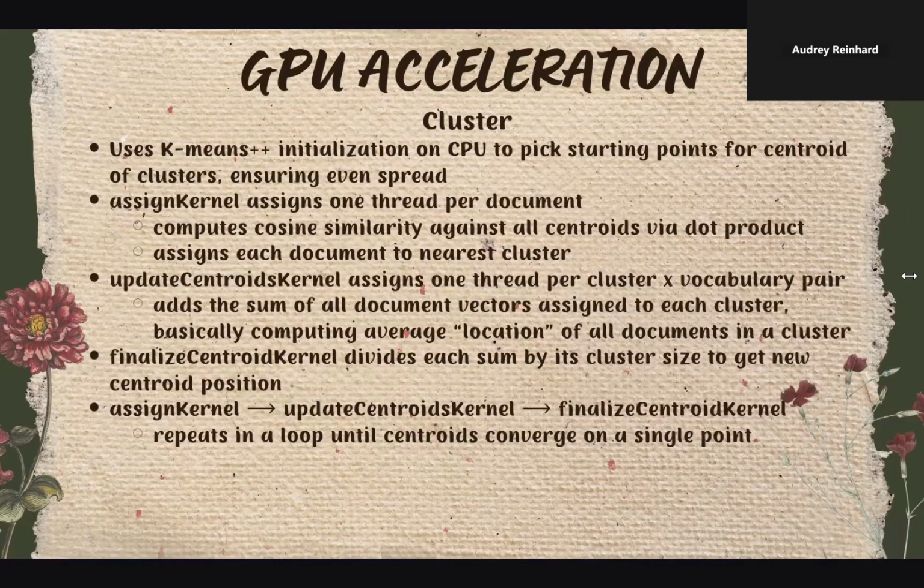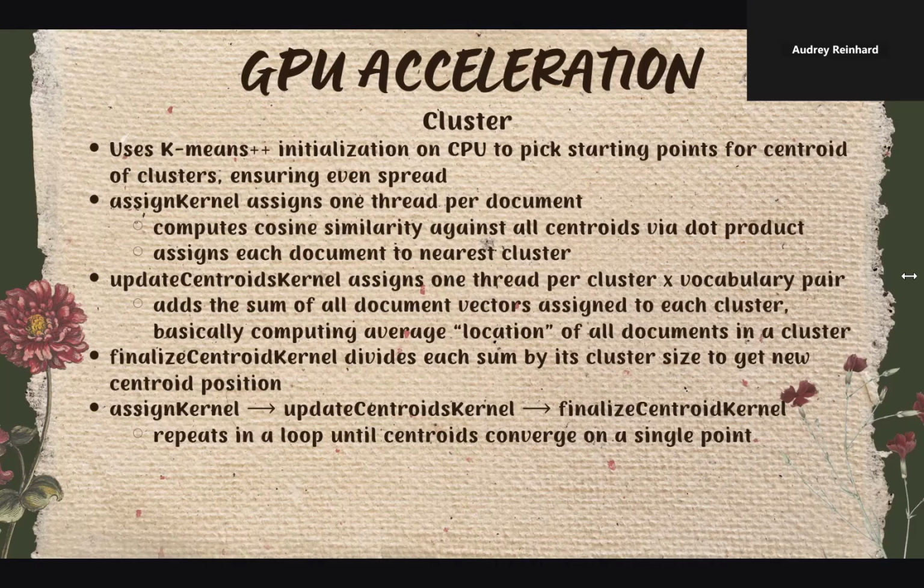clusters. So the GPU acceleration works by using the k-means++ initialization on the CPU. This is then transferred to the GPU, where the assign kernel assigns one thread per document, computes the similarity against all of the centroids via dot product, and then assigns each document to the nearest cluster. The update centroids kernel then assigns one thread per cluster by vocabulary pair.